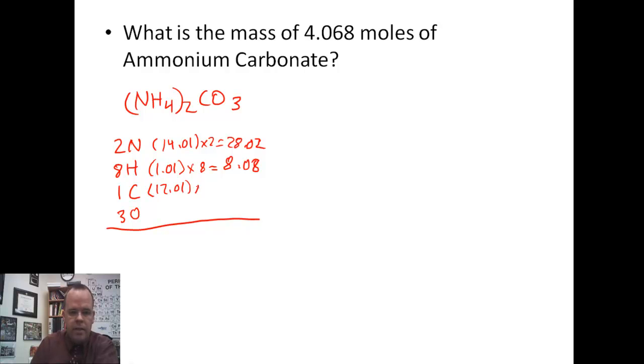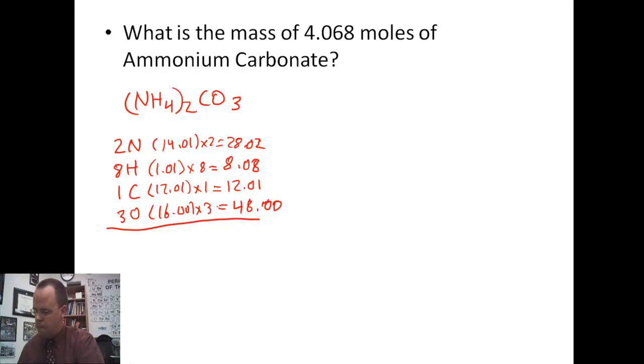Carbon, 12.01 times 1, for a total of 12.01. And oxygen, 16 times 3, for a total of 48 grams. Add those all together. We get 96.11 grams.